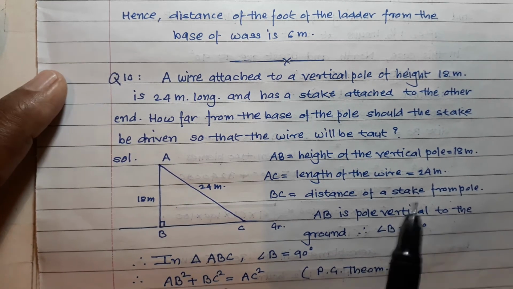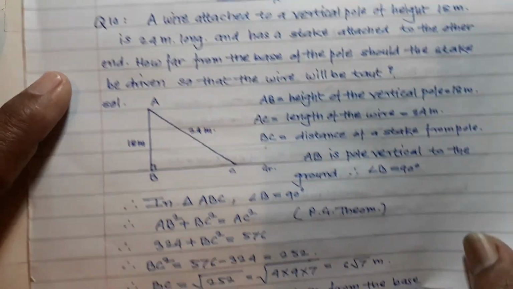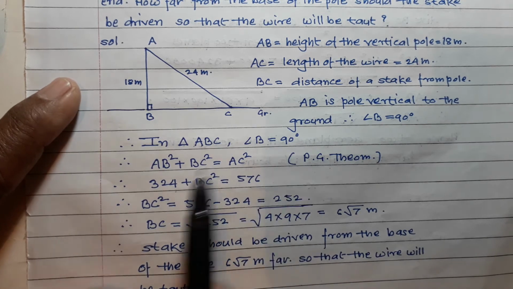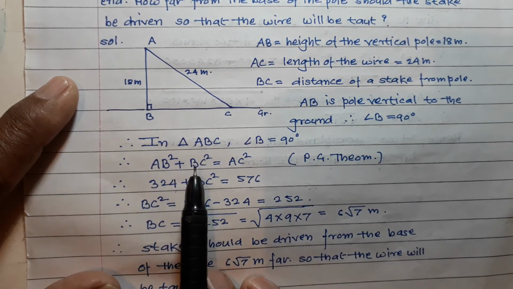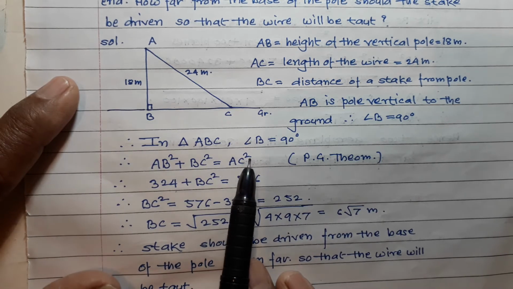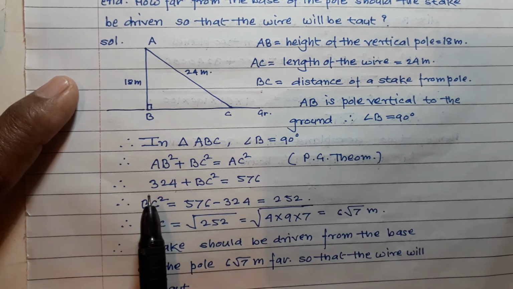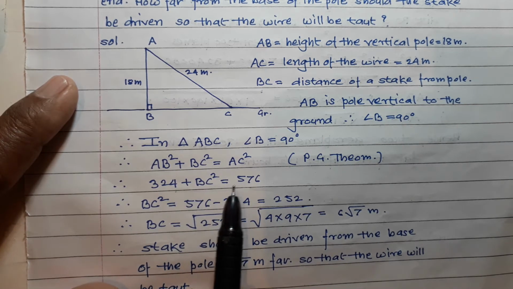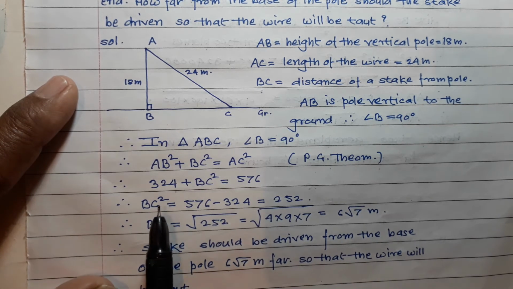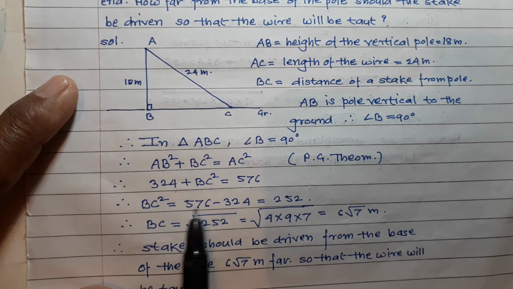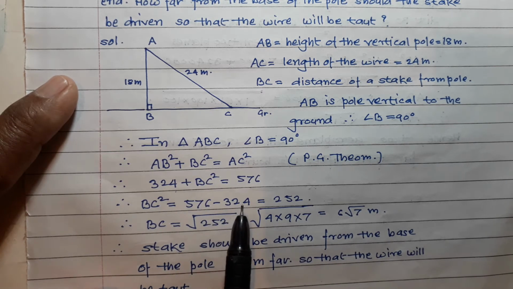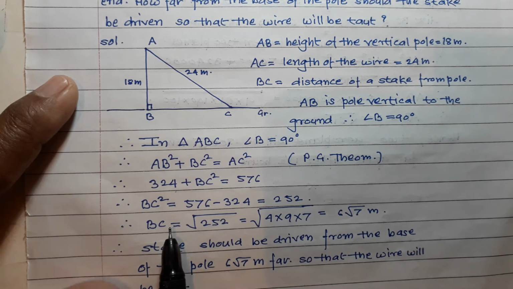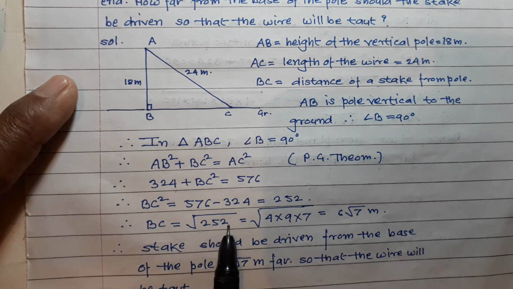And now you use Pythagoras theorem. So in triangle ABC, angle B is equal to 90 degree, and therefore AB square plus BC square is equal to AC square, Pythagoras theorem, and therefore 324 plus BC square is equal to 576, and therefore BC square is equal to 576 minus 324 gives you 252, and therefore BC is equal to under root 252.